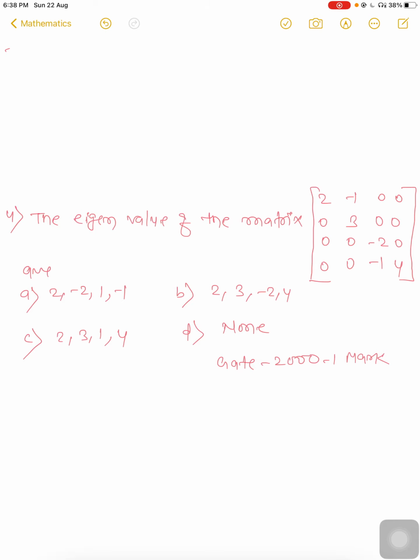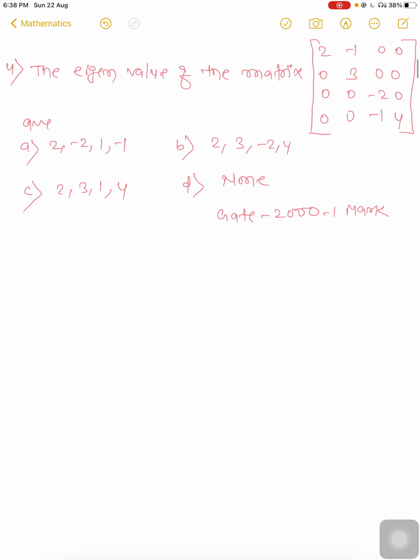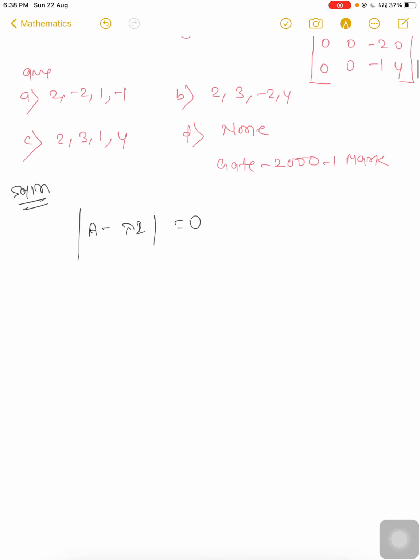We have to find out the eigenvalue of the matrix. The matrix is given. So first of all, find out the characteristic equation: A minus lambda I, and take the determinant equal to 0.